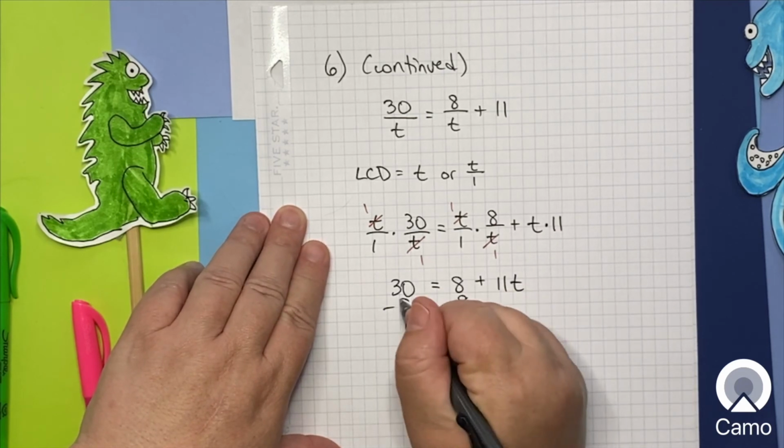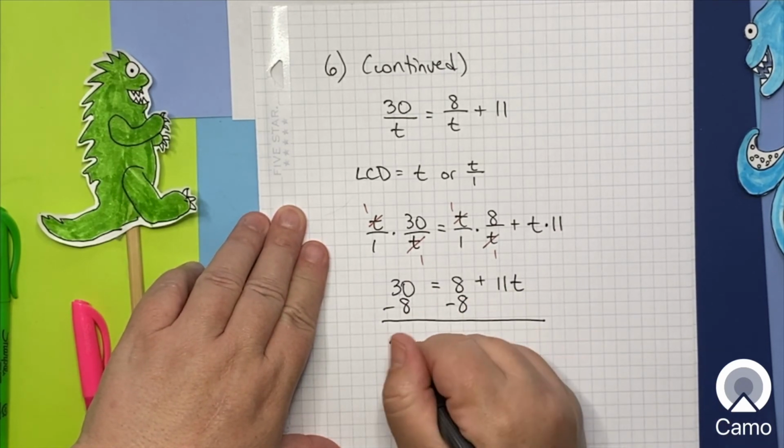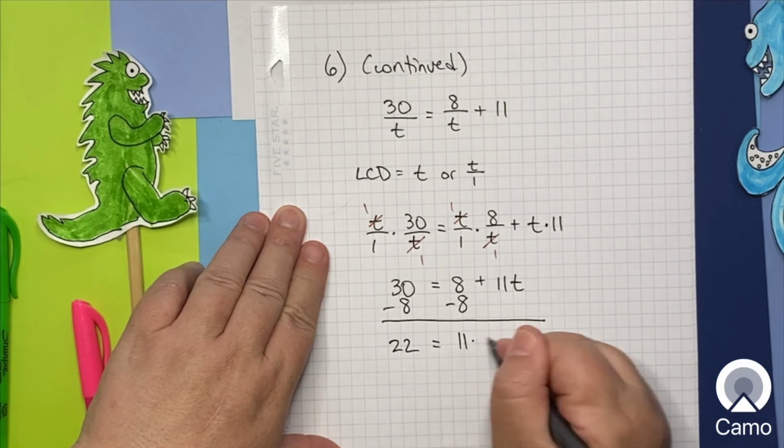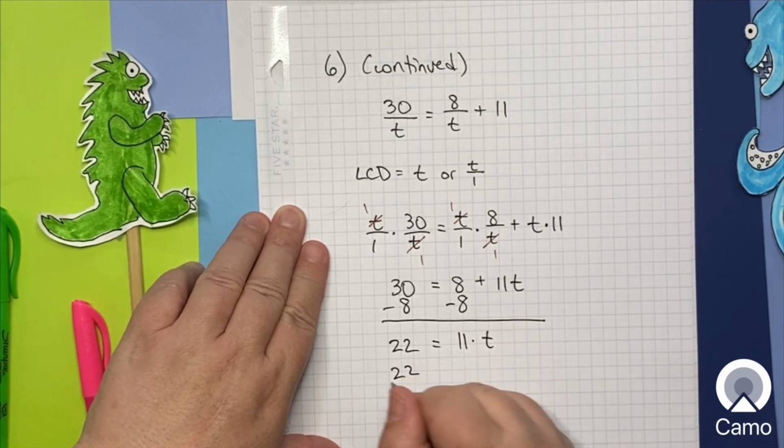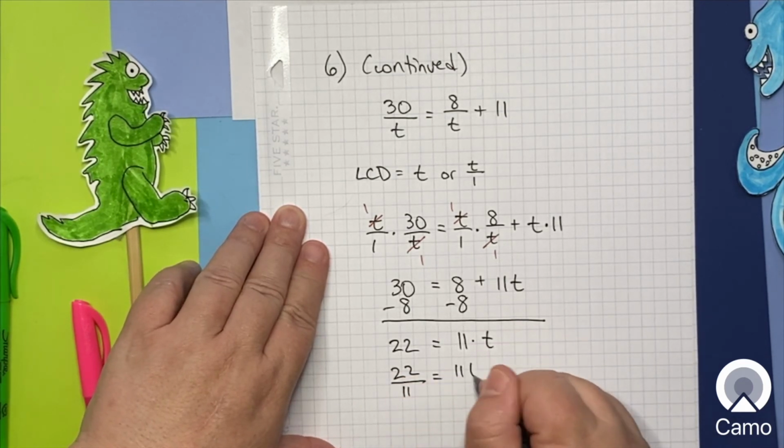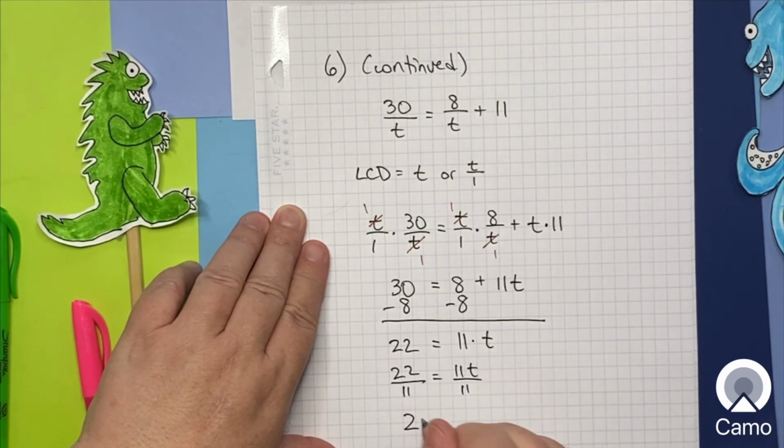Okay, subtract 8. I get 22 equals 11 times t. Divide both sides by 11. You might already know what the answer is. T equals 2. So t equals 2 hours.